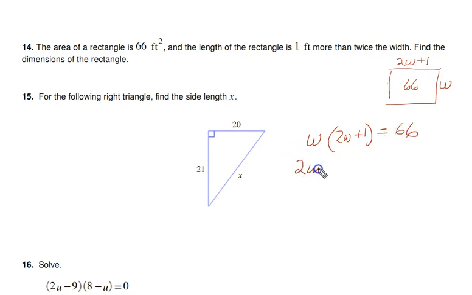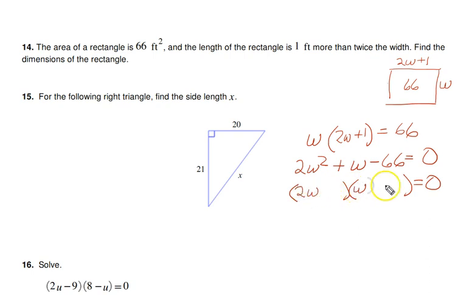So this is 2w squared plus w minus 66 equals 0. Okay, we have to factor that. 2 sets of parentheses and 2w, w.